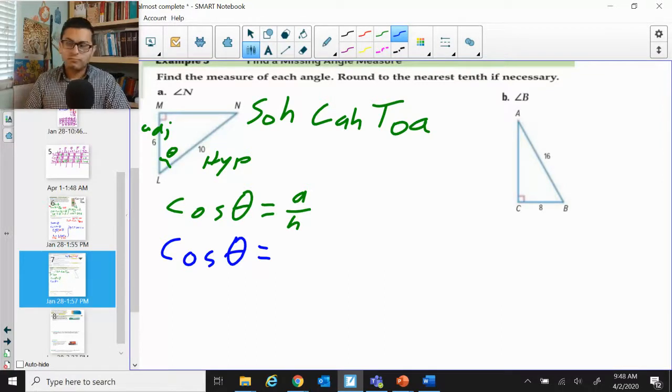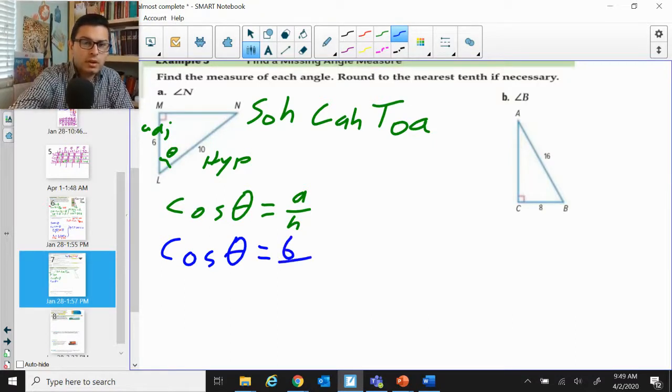So we have cosine of theta, and we don't know what theta is yet. So that's going to equal something. That's going to be adjacent over the hypotenuse. Now we know what the adjacent is. That's going to be 6 over the hypotenuse, which is 10.